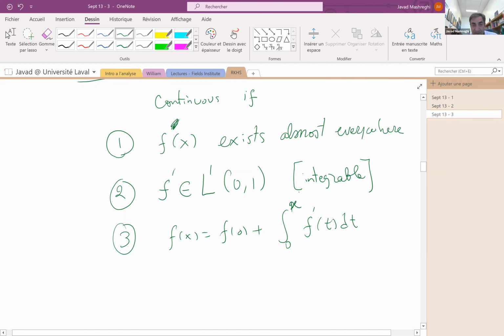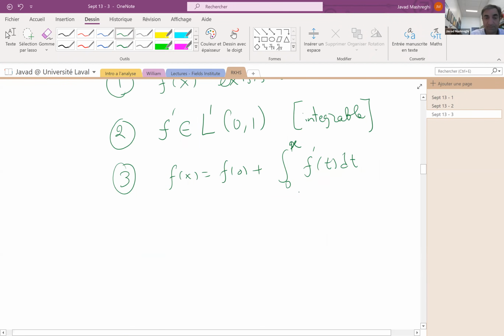To emphasize that all three are needed, absolute continuity is something really strong, much more than being continuous. It's better to go and look for the Devil's staircase function in the literature.